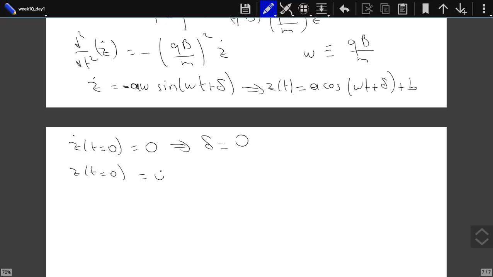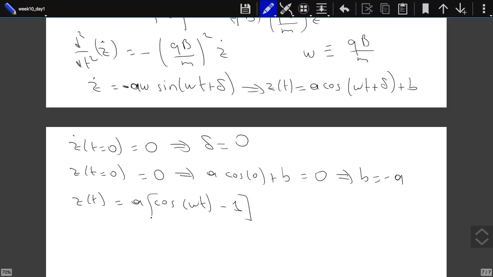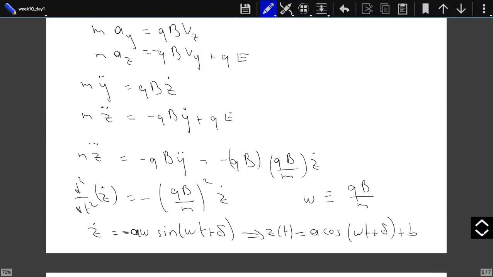And then z at t equal to 0 should be 0. Well, delta is 0, so A times cosine 0 plus b should be equal to 0, or b is equal to minus A. So we know that z of t should be equal to A times (cosine omega t minus 1). I still don't know what A is. There's not enough information to determine A yet.